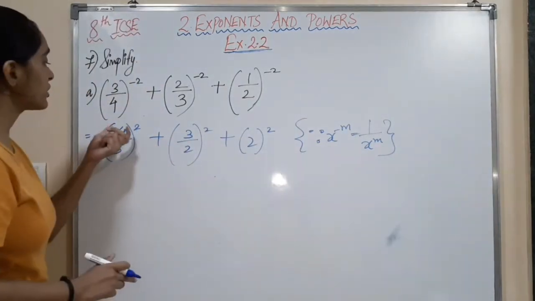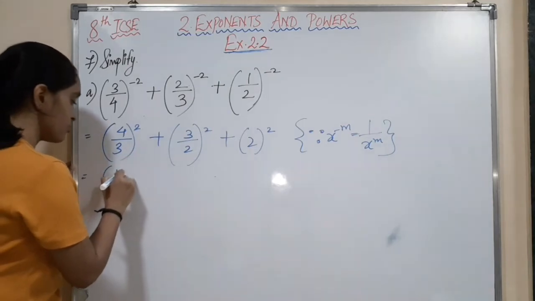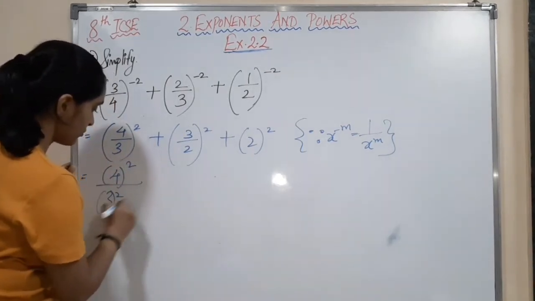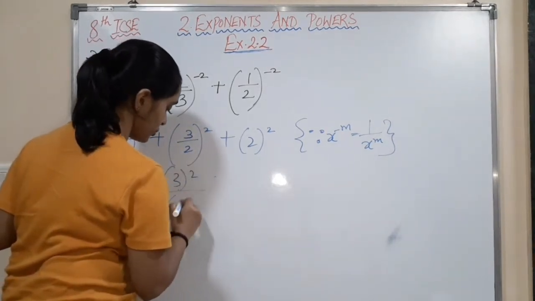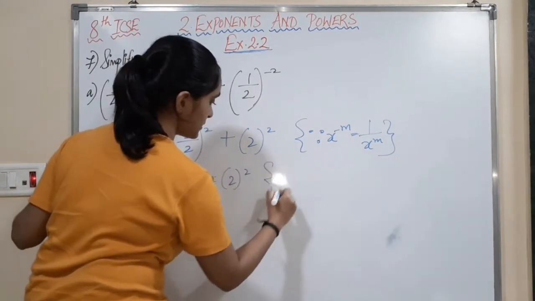Okay, so now we can separate the powers here. So you will get 4 square upon 3 square plus 3 square upon 2 square plus 2 square as it is.